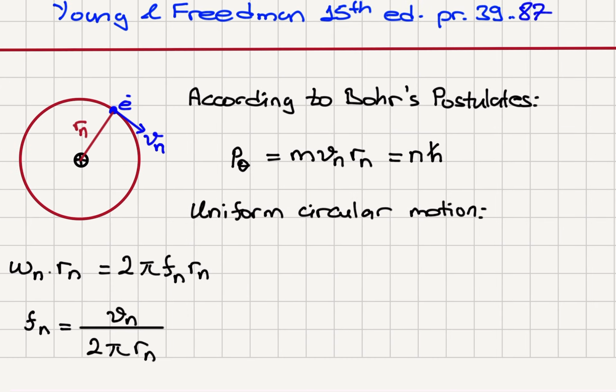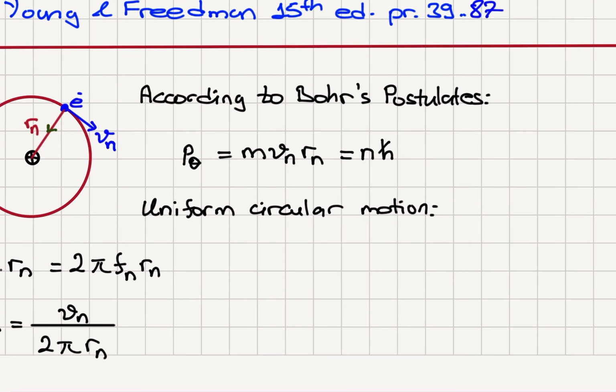The centripetal force responsible for the uniform circular motion is due to the Coulomb interaction between the electron and the positively charged nucleus.